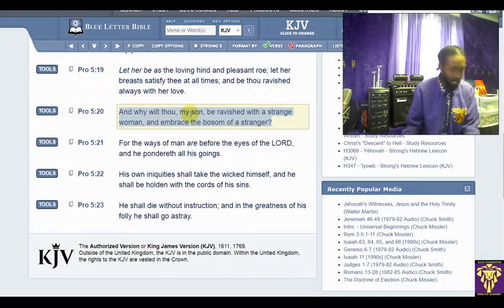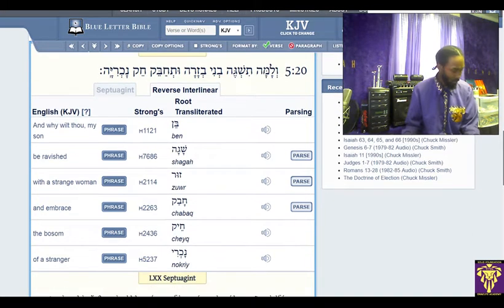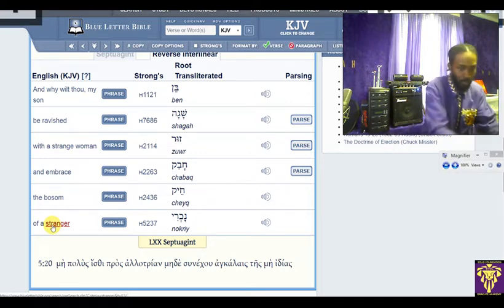I can show y'all this, guys. So it says, why wilt thou, my son, be ravished with a strange woman and embrace the bosom of a stranger? This is not talking about a heathen woman here. Let's go into the tools and scroll down, and look at the concordance number for strange. That is Proverbs 5:20.